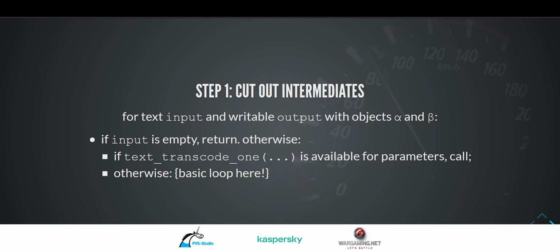Can I call it? And if so, I'm going to call it, and I'm not going to do the basic loop. What that basically means is that I've implemented a faster version of going from this encoding to the next encoding, one at a time. It's still a one-at-a-time function, but you're basically saying I've implemented a shortcut here, right?